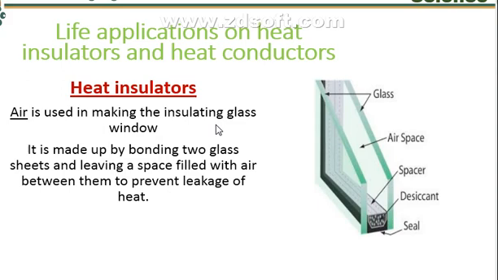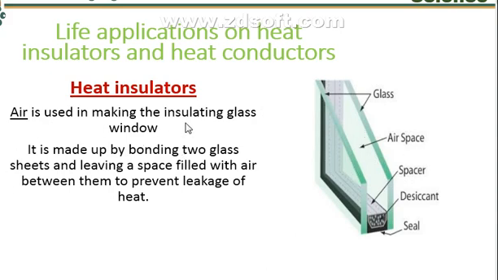Life applications of heat insulators and heat conductors. Heat insulators: the air. We use air to make an insulating glass window. Like what? As we see, there are two glass sheets, and between every two glass sheets we see an air space.